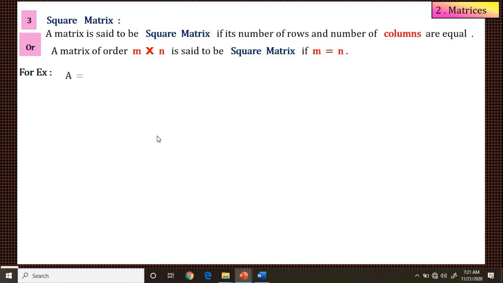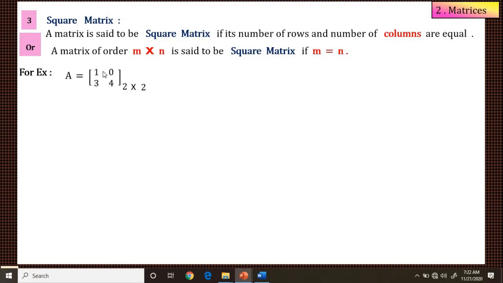For example, A is equal to matrix 1 0 3 4. In this matrix there are two horizontal lines and two vertical lines. So the order of this matrix is 2 cross 2. Here you can say that the number of rows and number of columns are equal.